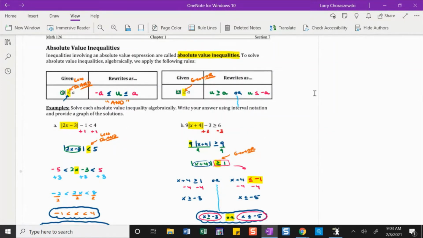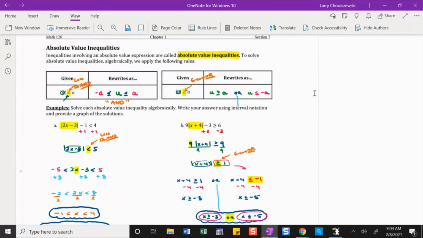So we ended off at this part of the section 1.7 notes last week, and the last part deals with things that are called absolute value inequalities, and as you might imagine, they are inequalities that have absolute value symbols somewhere in them.